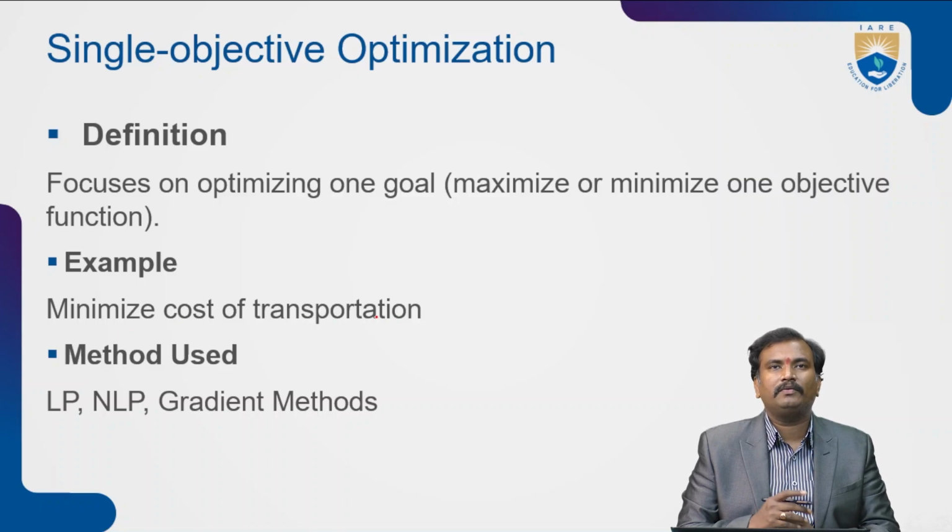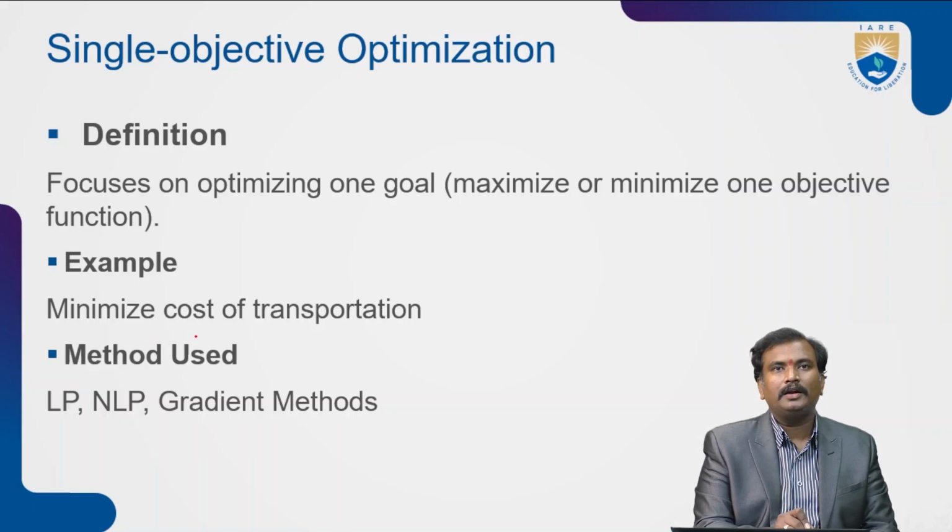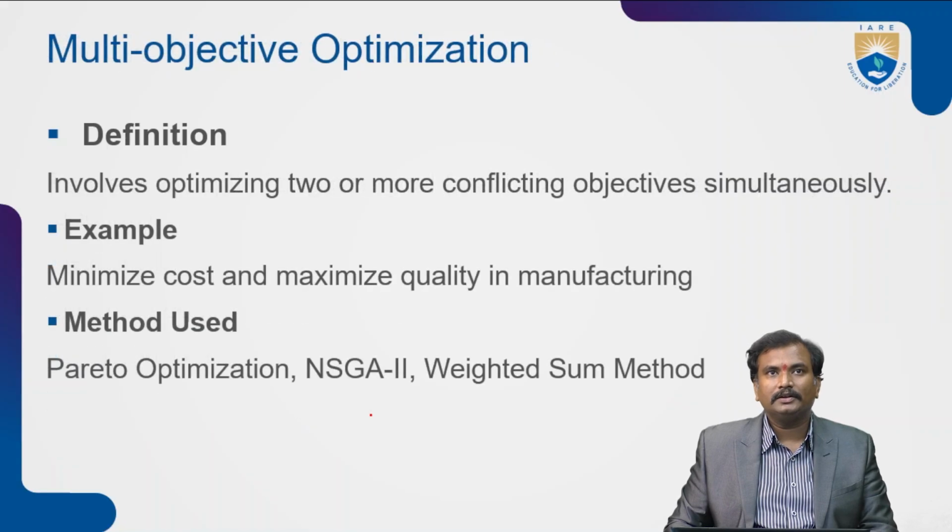Based on our requirements, we either maximize the profit or minimize the cost. So based on that, we may have maxima or minima calculations. So here, minimize cost of transportation. The methods used are linear programming, non-linear programming, and gradient methods.